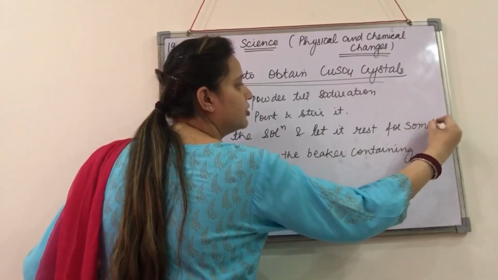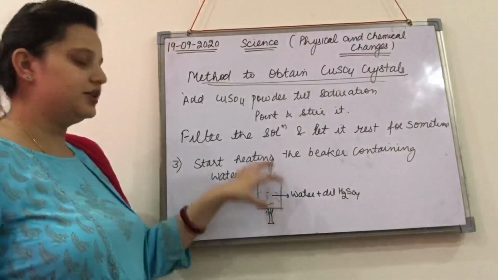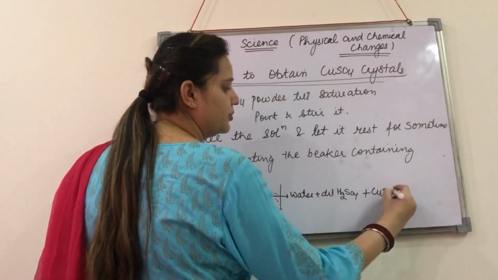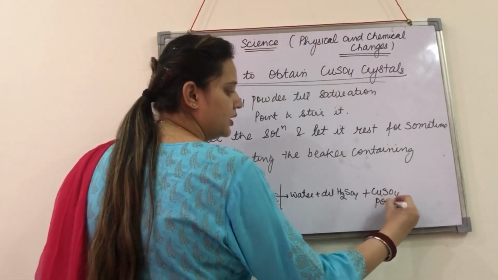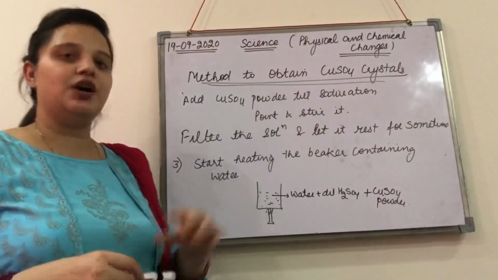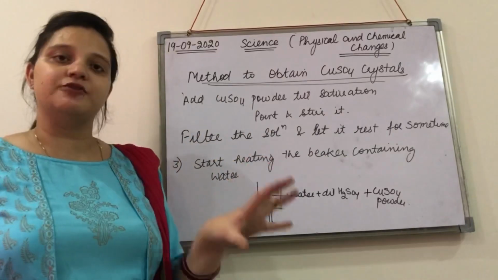And then allow it to rest for some time, right? So filter the solution containing the water, dilute sulfuric acid and copper sulfate, and after filtration keep it and allow it to rest for sufficient time.